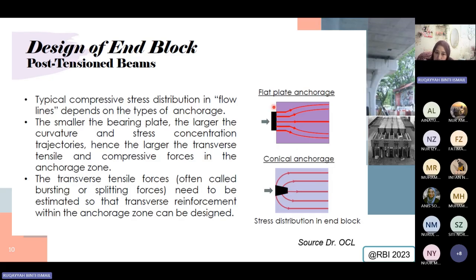If you look at the stress distribution, if you are using a flat plate, this is your stress distribution, and it will be different from the conical anchorage stress distribution. This gives us input on how much reinforcement we want to provide, because it affects how long your transmission length is.